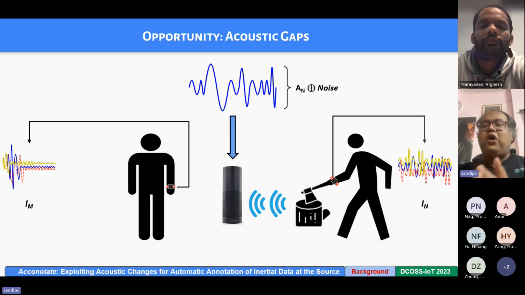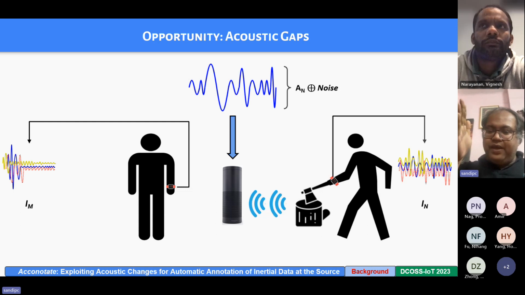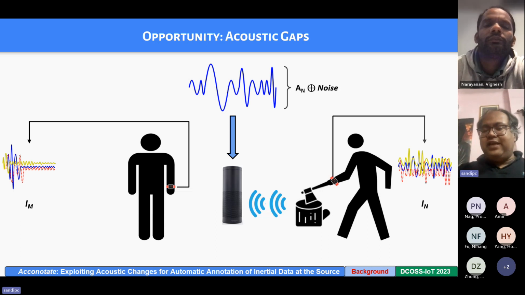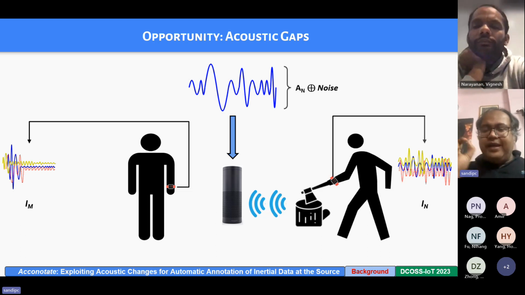That means it doesn't generate continuous sound. If you look into the sound pattern of chopping, when the knife hits the board, a sound is generated, then there is a gap. Then again a sound is generated, and there is a gap. So between the sound signals, there is a silent period that naturally comes with the sound generated from human activities.